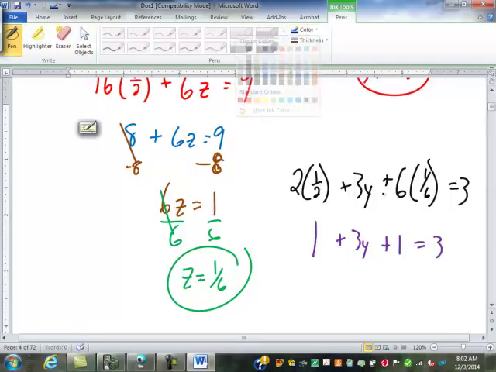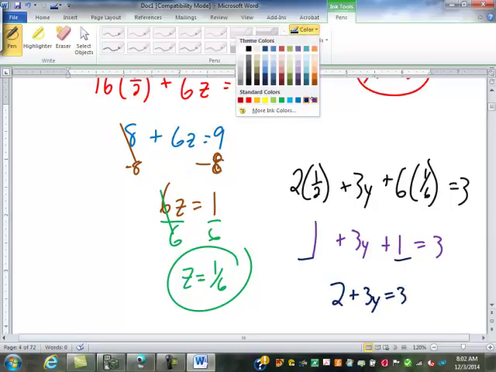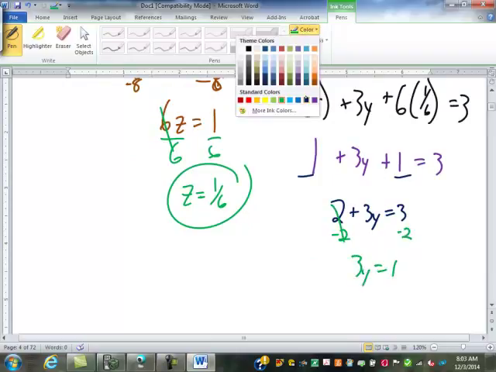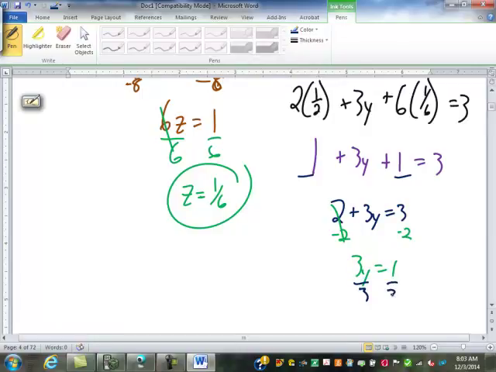So then we combine 1 and 1 makes 2 plus 3y equals 3, and then subtract 2, 3y equals 1, and finally divide by 3. Y equals 1/3.